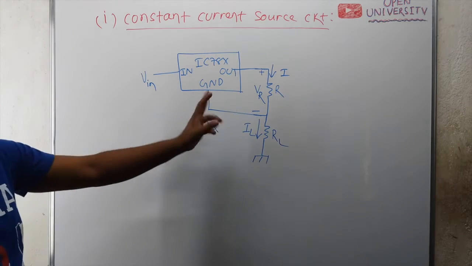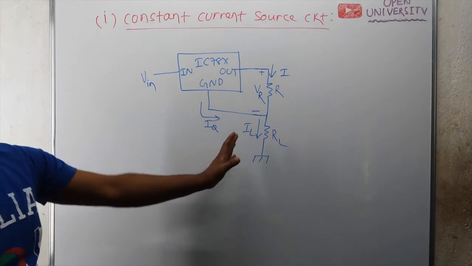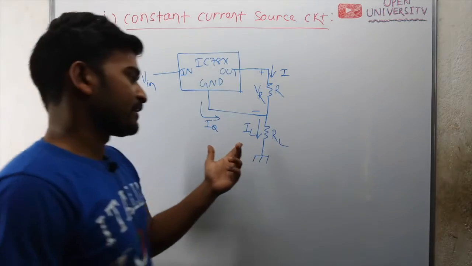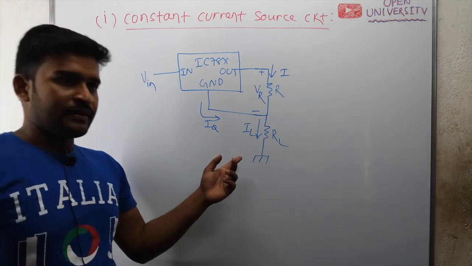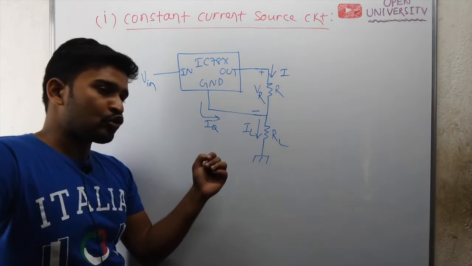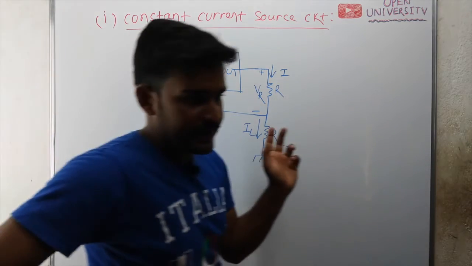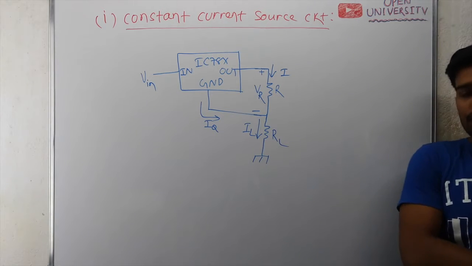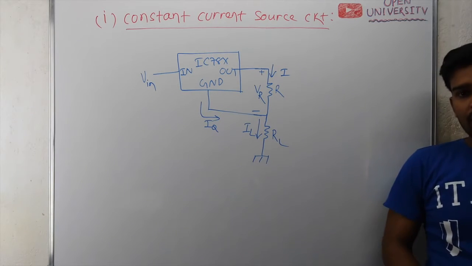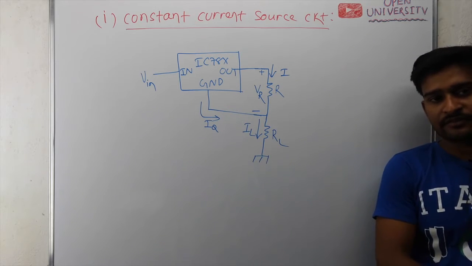Write down: this circuit supplies a constant current to load, hence it is also called a current regulator. What is a voltage regulator? It provides constant voltage at the output.